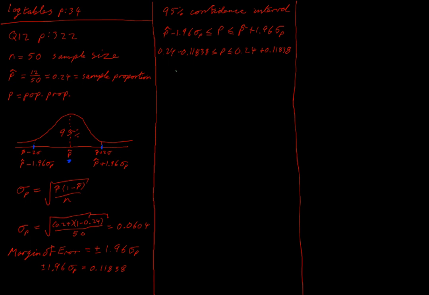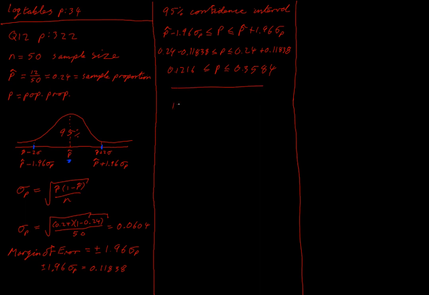We put that in and we get 0.1216 to 0.3584. Now, you'd round that to 3 decimal places for your final answer in this question, but I want to talk about what this means.